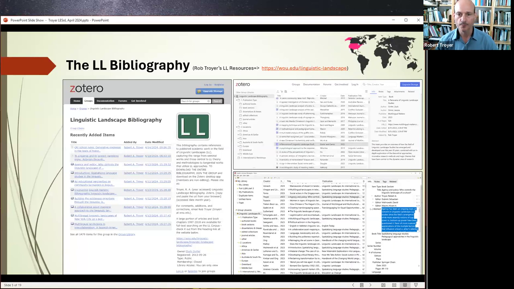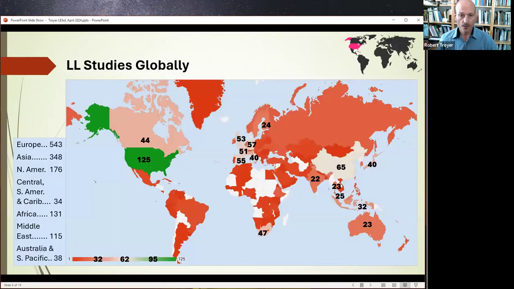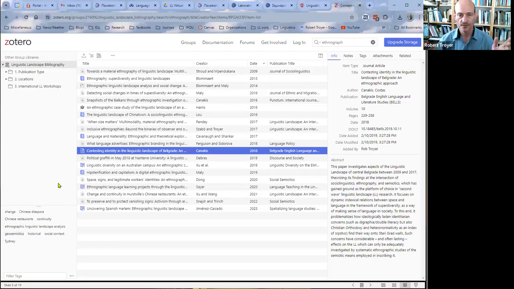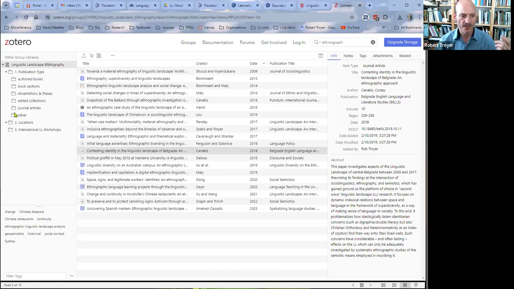And you can get to the bibliography pretty easily through a Google search. So in the bibliography, I have folders for everything: any publication, journal articles, book chapters, books, theses, and dissertations. They're all categorized here. You can search by section, but I also have it organized by location.